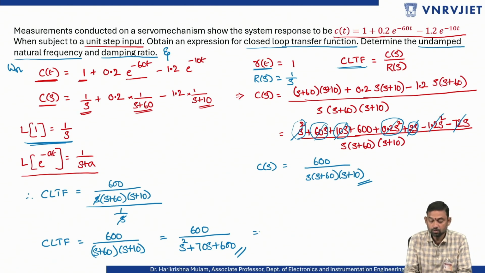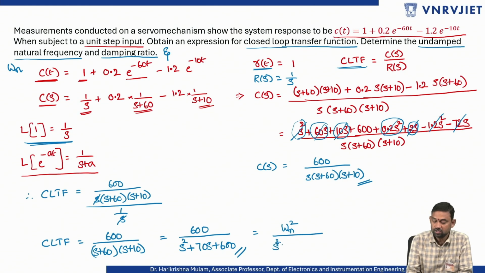If you have the closed loop transfer function and want to find zeta and omega n, always compare the transfer function of the system with the standard way of representing the transfer function of a second order closed loop system, that is omega n square by s square plus 2 zeta omega n s plus omega n square.